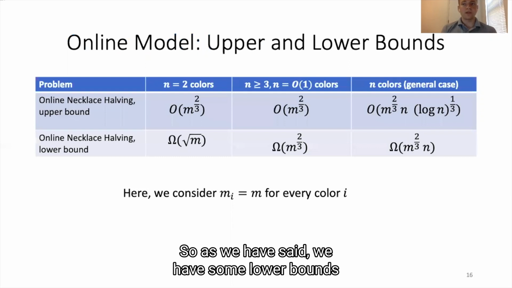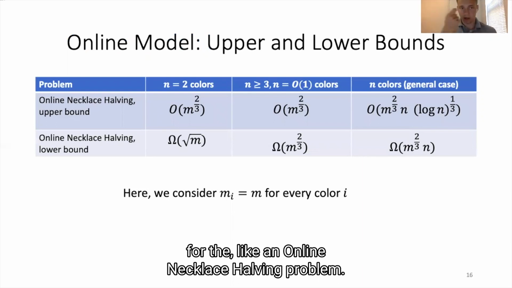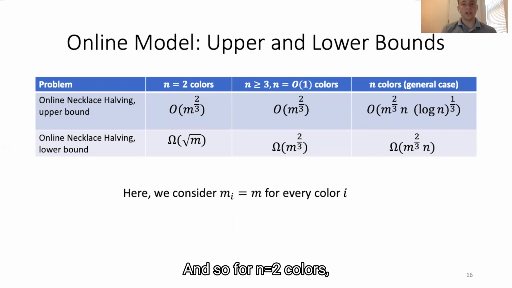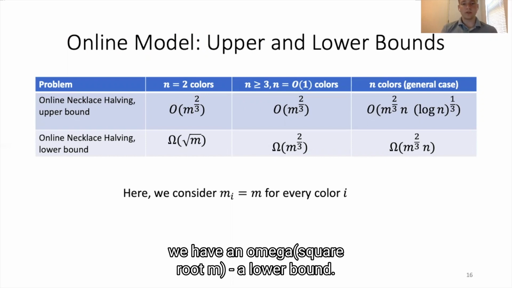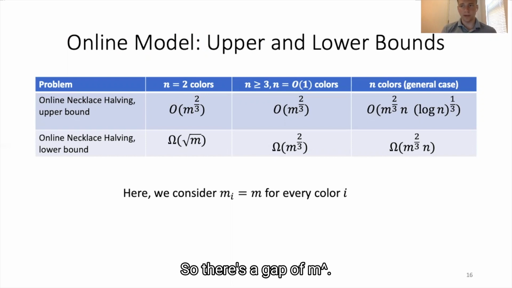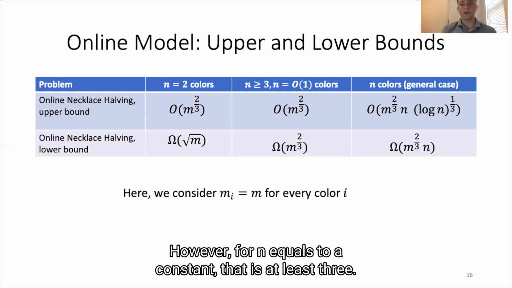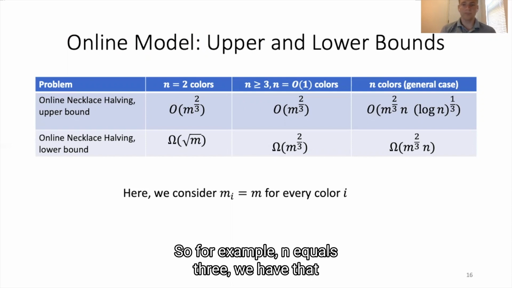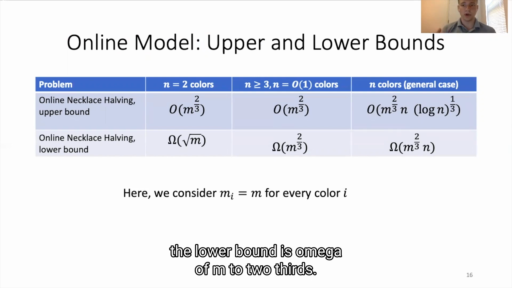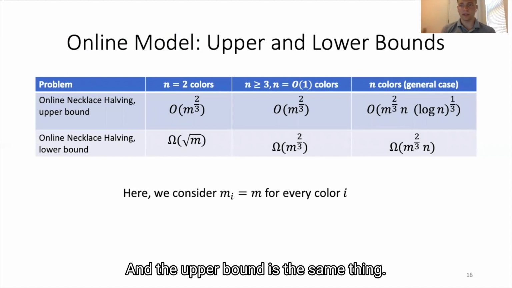So as we have said, we have some lower bounds for the online necklace halving problem. For n equals 2 colors, we have an omega of square root m lower bound, so there is a gap of m to the 1/6. However, for n equal to a constant that is at least 3, for example n equals 3, the lower bound is omega of m to 2/3, and the upper bound is the same thing.